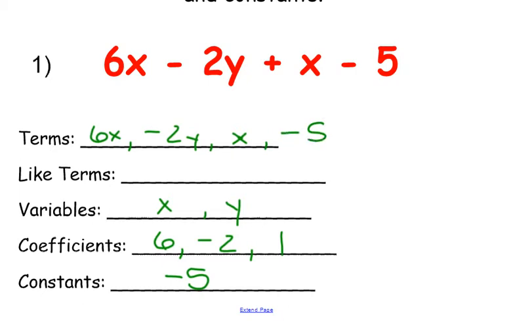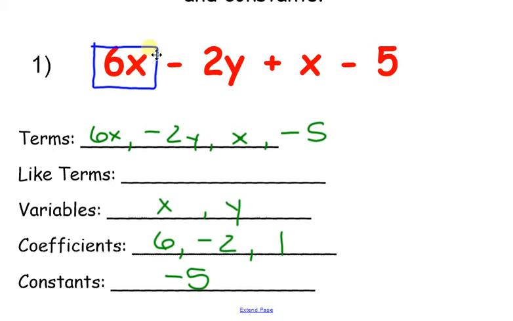Now what we're going to do is see which terms are like each other. The first thing that I do, and you can use some colored pencils to do this, you could use highlighters, you could use shapes, whatever you want to do, is I like to put a box around the first term, 6x. Is anybody like 6x?